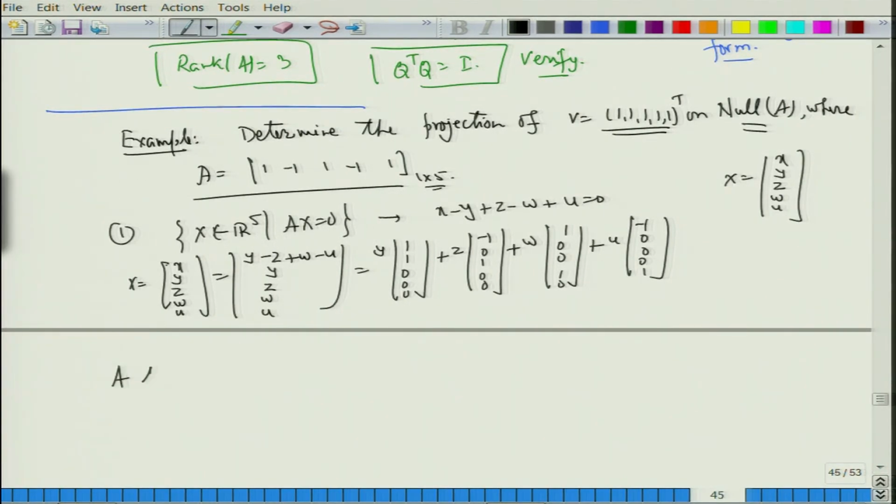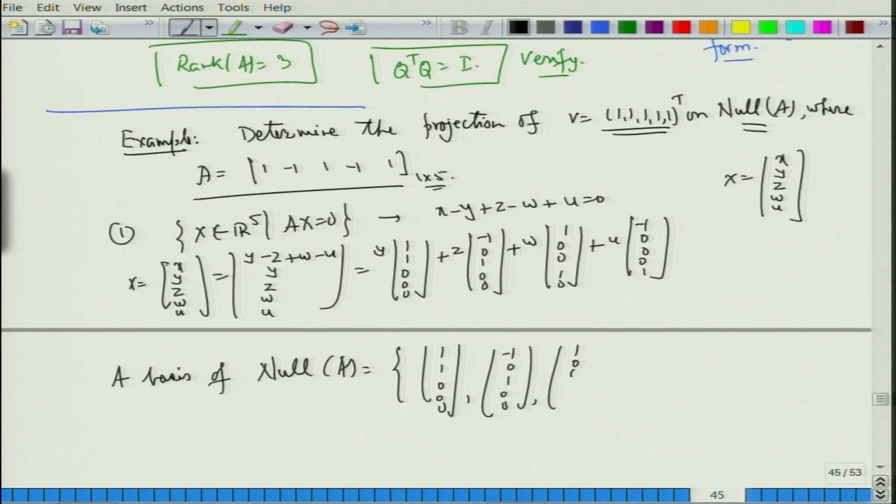A basis of null space of A is (1 1 0 0 0), (-1 0 1 0 0), (1 0 0 1 0) and (-1 0 0 0 1). That is one way of going about it. We will see the use of this. From there we will get an orthonormal basis and then proceed.